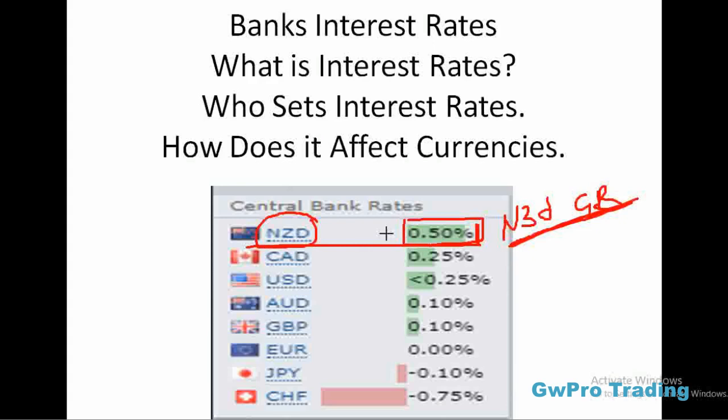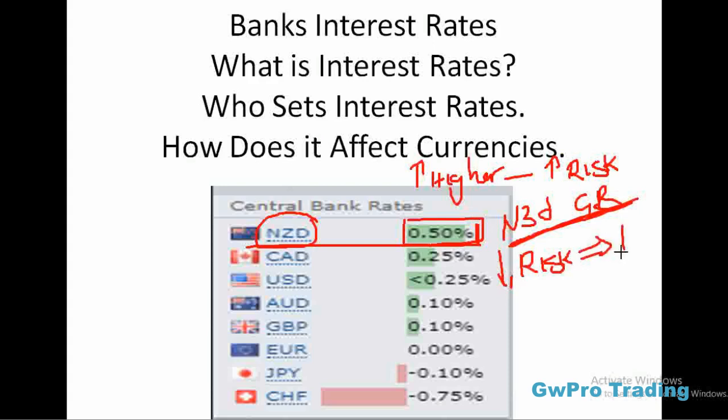Okay? The higher the returns, the higher the risk. Definitely, the lower the risk, the lower the return.